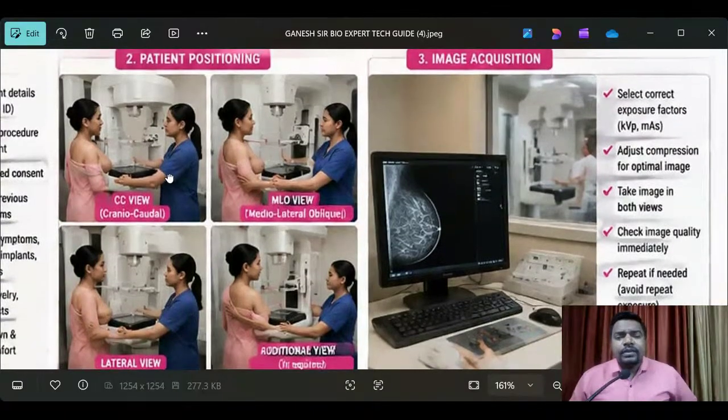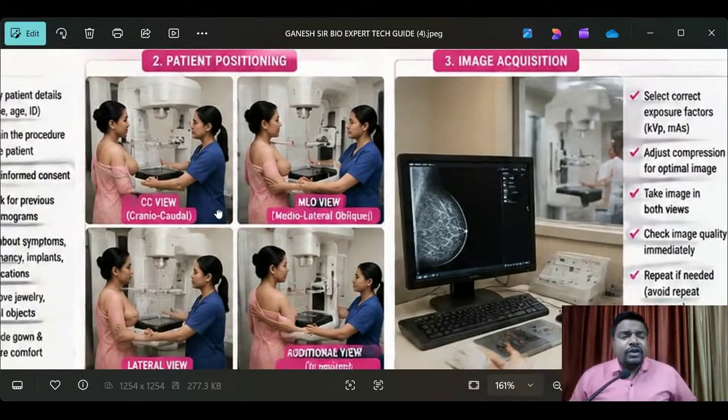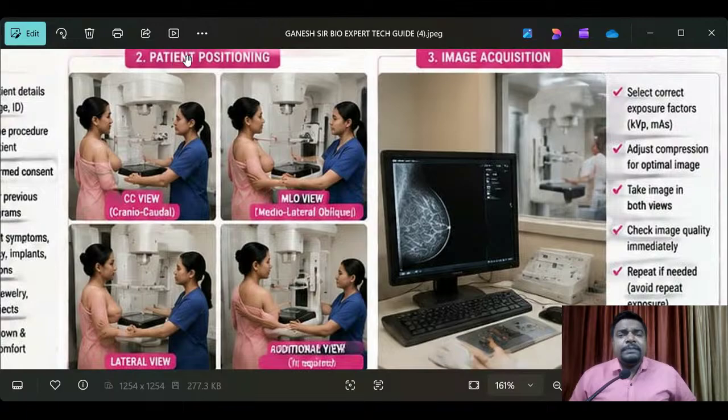In this second image I'm going to show you patient positioning. Is it very clear right now? See here, patient positioning, how to keep. CC view, craniocaudal. See here, the breast is there, and how they are keeping the breast, and how to diagnose the issues, then you can find out.